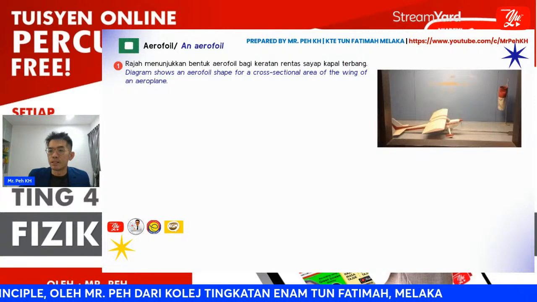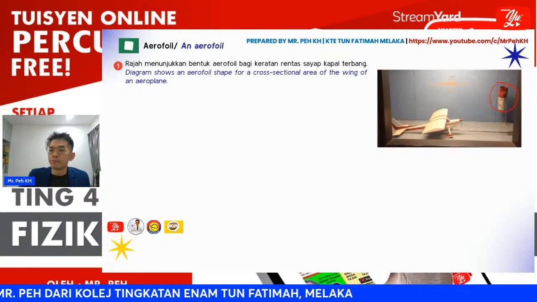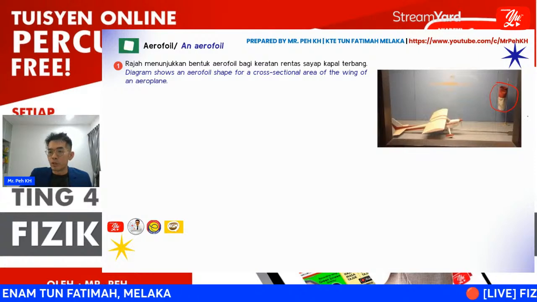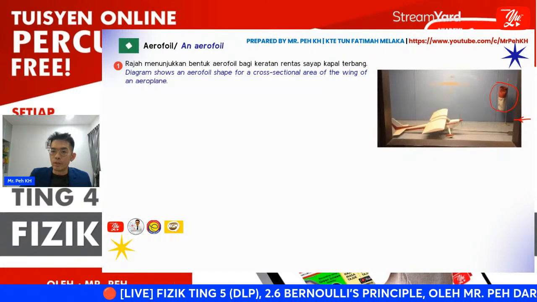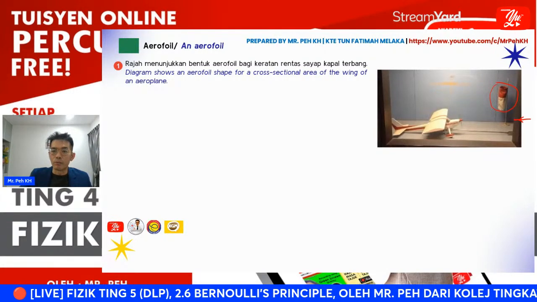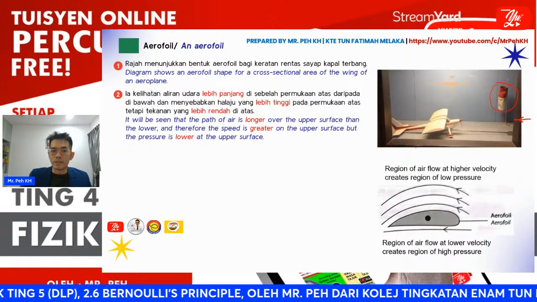So this is actually the wind direction indicator, showing that the wind is blowing at this side. Okay, so the aerofoil is actually at the wing of the aeroplane.